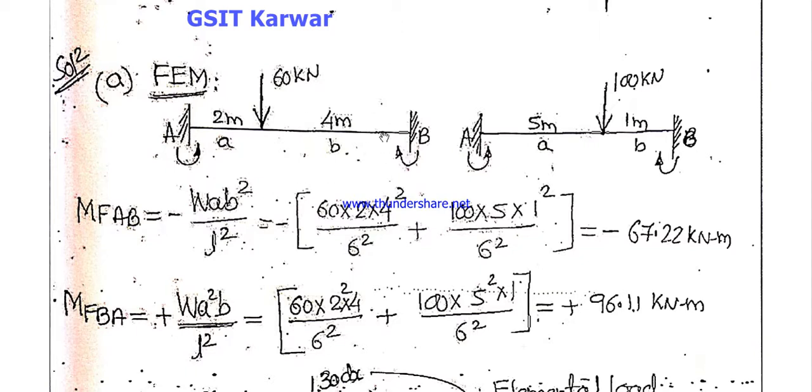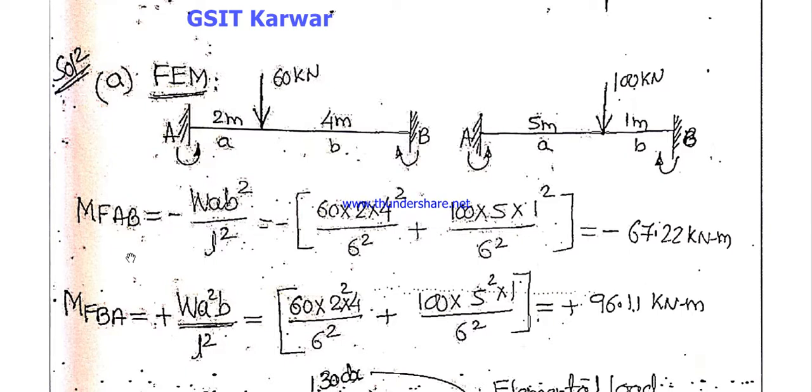We have the formula for fixed end moment when the point load is not exactly at the center. The formula is WAB square by L square for span AB, but for span BA, WA square B by L square.